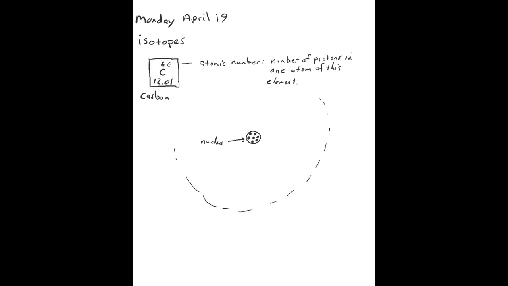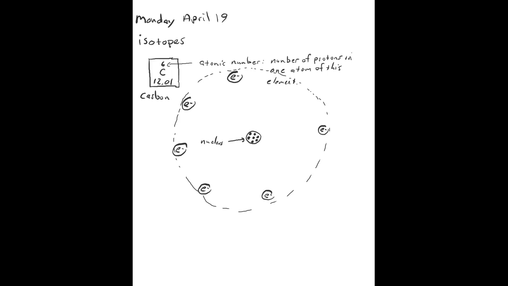Now, technically, this is an incorrect model of the atom, but we know more about the atom now than when this kind of nuclear model was proposed, or planetary model. But for now, let's just assume that the electrons are outside the nucleus. And as you go through chemistry, you'll learn more and more sophisticated ways to think about this. But remember, for an atom, the number of electrons is equal to the number of protons. So if you have 6 protons, you also have to have 6 electrons, right? And they're on the outside.